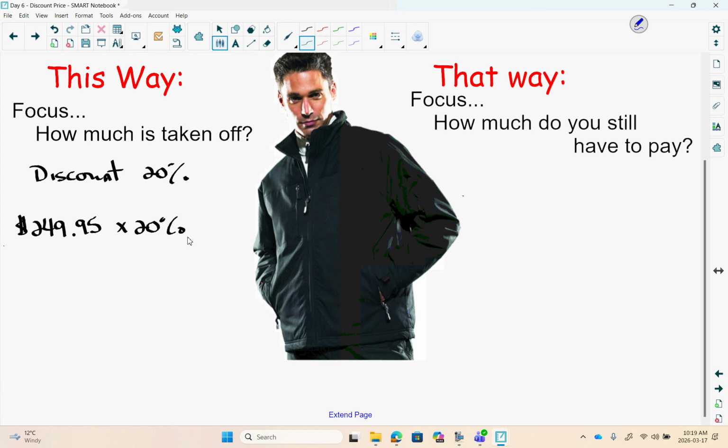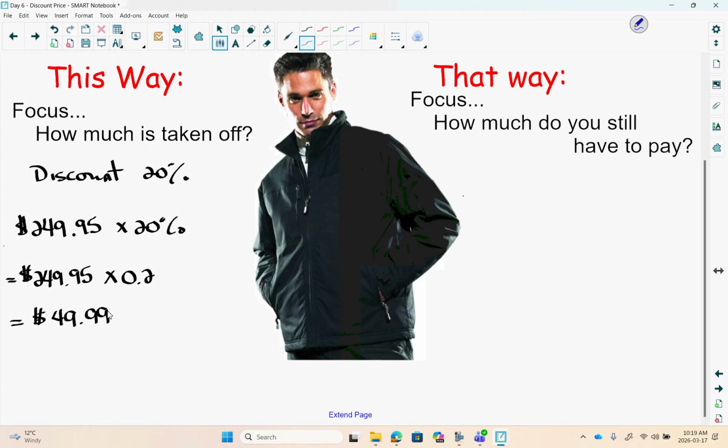What do you have to do to the percentage before multiplying? Change it to a decimal. Excellent. And what is 20% as a decimal? 0.2. Okay. What is 249.95 times 0.2? 49.99. So that's how much he would get taken off.